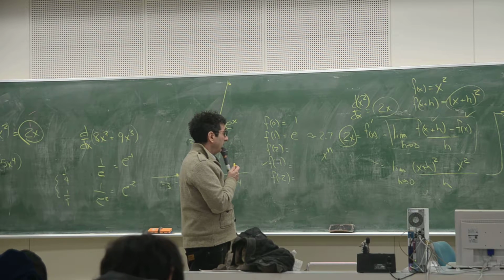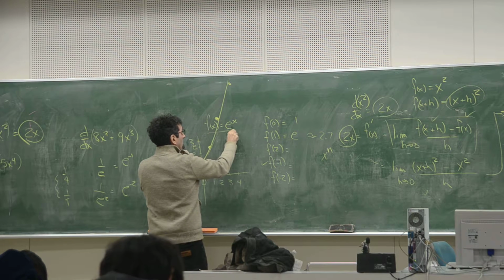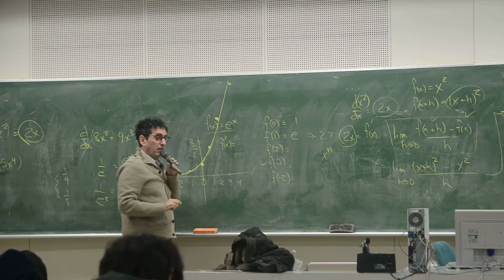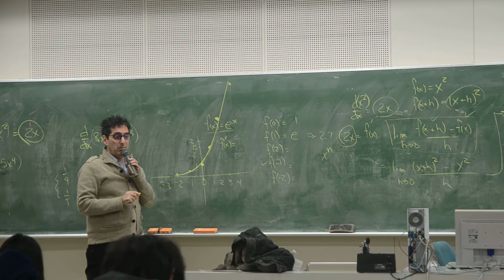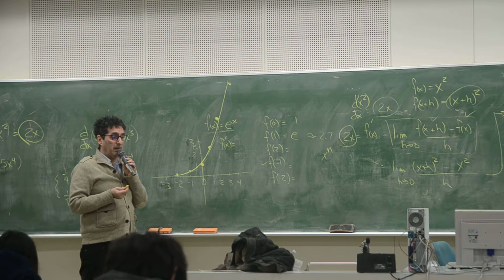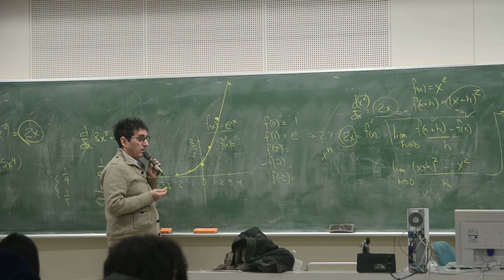So if this is f, I'd like to know what is the derivative of that. As I said, you can look it up in the book or on the internet. It's not impossible to read it, and I think you could do it without much difficulty. But I'll just tell you the answer.